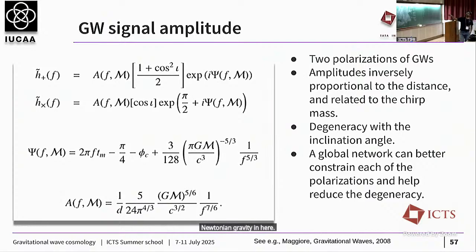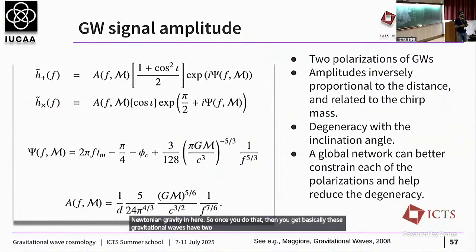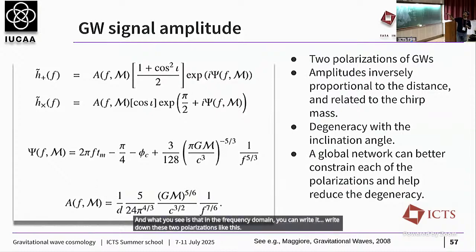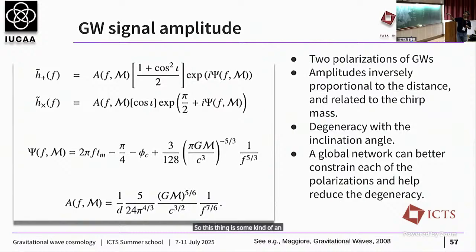Once you do that, you find that gravitational waves have two different polarizations, a plus polarization and a cross polarization. In the frequency domain, you can write these two polarizations like this. There is an amplitude which depends on the chirp mass and the frequency, and there is a dependence on the inclination angle.